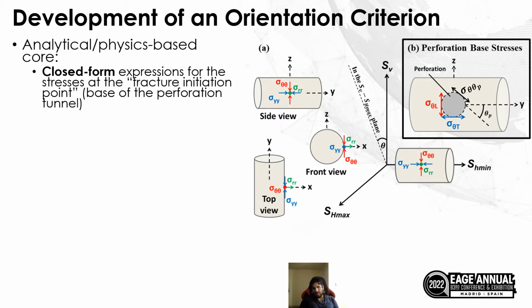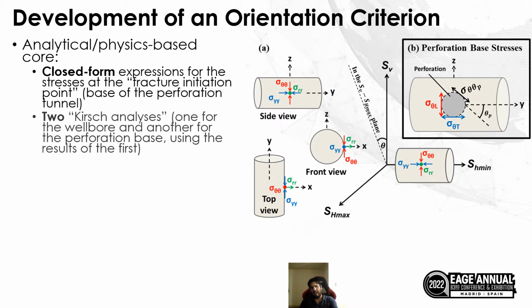I used a technique first presented in a 2000 paper by Hossain and Rahman from an Australian university, where he suggested that if you ignore the perforation, you can use the Kirsch analysis from 1898 to evaluate the stresses at the wellbore radius.